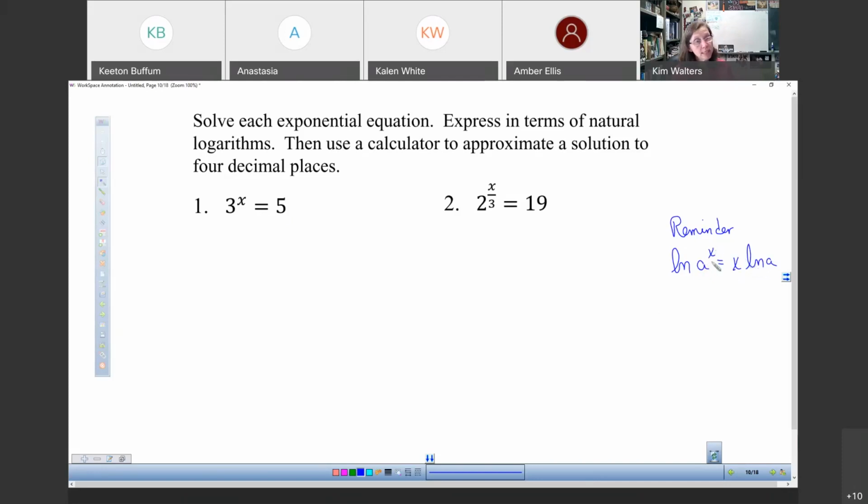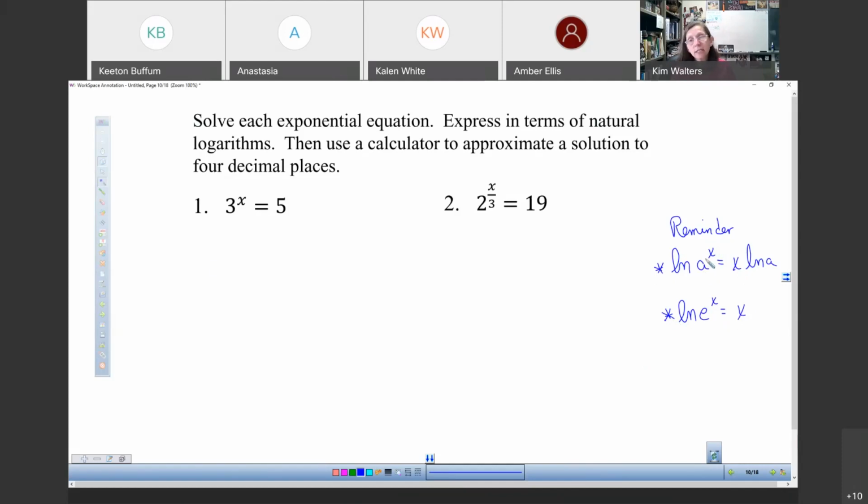So we're going to use this, and we're going to use the natural log of e to the x is just going to become x. So we're going to use these two concepts over the next couple of problems, okay? So we can take the natural log of something to a power, and that power comes down in front of my natural logarithm. And that's ultimately what our goal is here, okay?